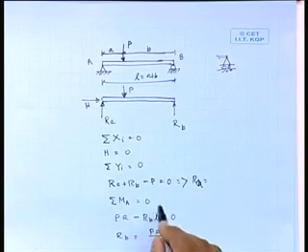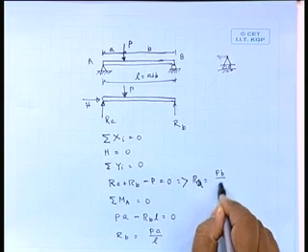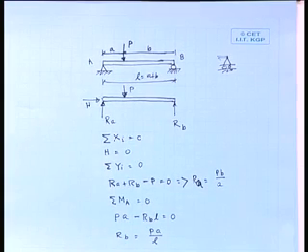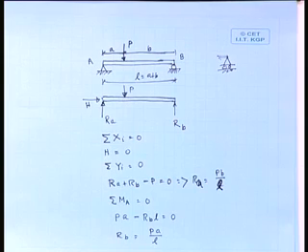So, R A will be P B by L, because A plus B is equal to L. Automatically if we substitute there, we will get, it will be P B by L, not A. So, R B will be P A by L and R A will be P B by L.